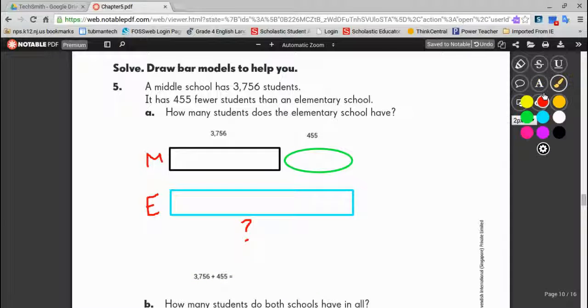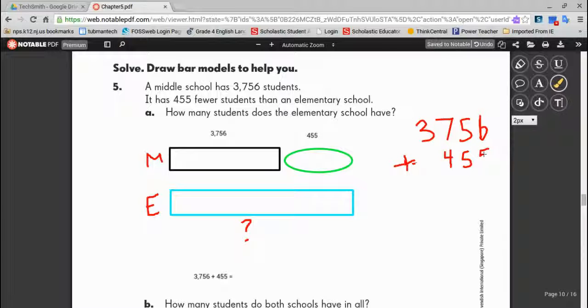Okay, so let's add that together. And I want to line it up vertically or up and down to help me out. 3,756 plus 455.